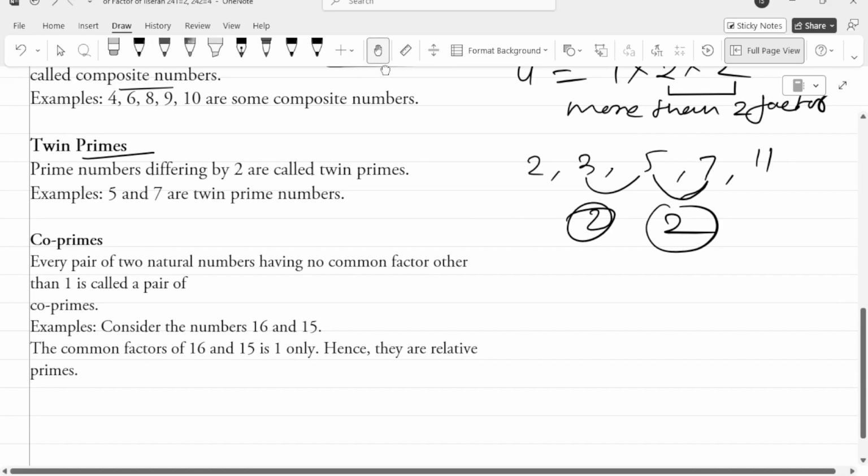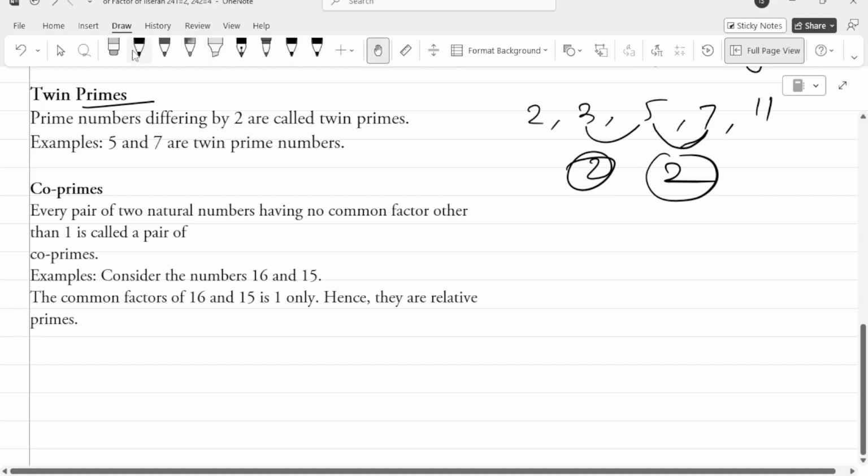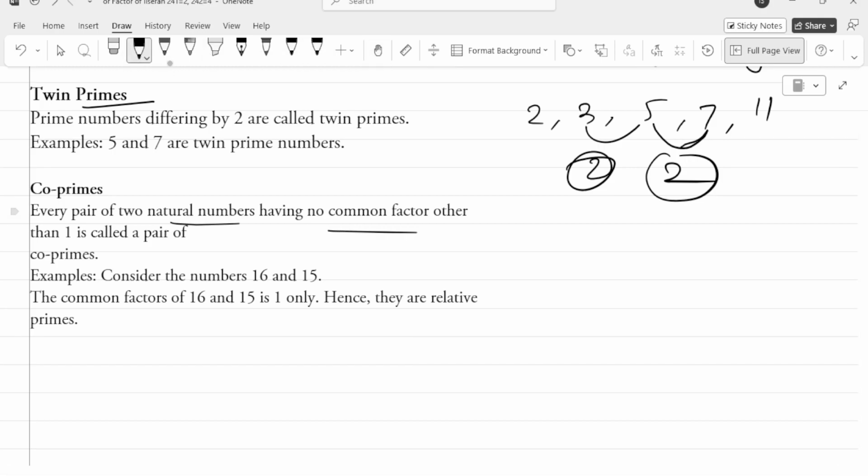Now next we will discuss co-prime numbers. What are co-prime numbers? Natural numbers having no common factor other than 1 are called co-prime numbers. For example 16. The factors of 16 are 1, 2, 4, 8, 16. Now 15. The factors of 15 are 1, 3, 5, 15.